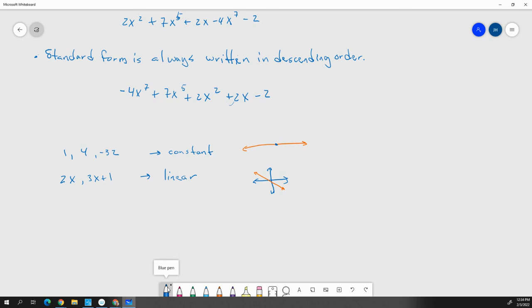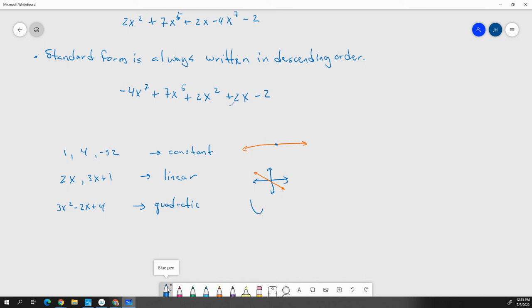Next, we would have things like 3x squared minus 2x plus 4, right? We call that a trinomial, but what it is, which you might remember from last unit, is what we called a quadratic. And quadratics always have the same shape.